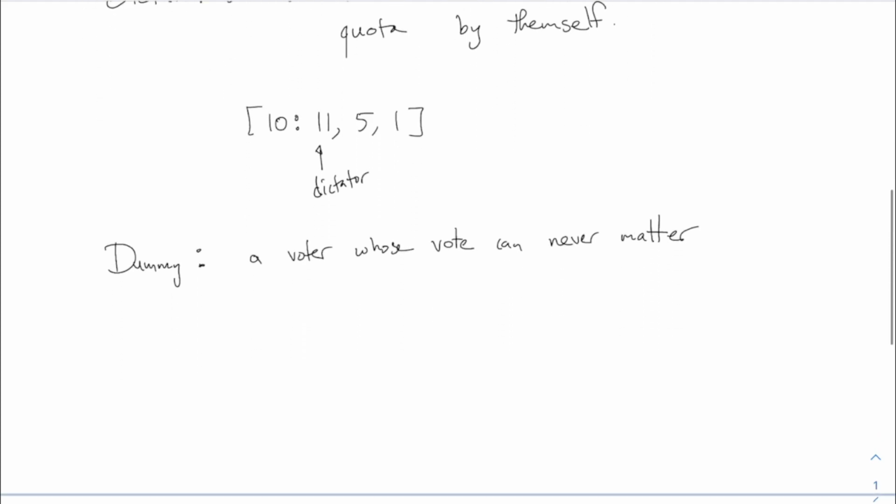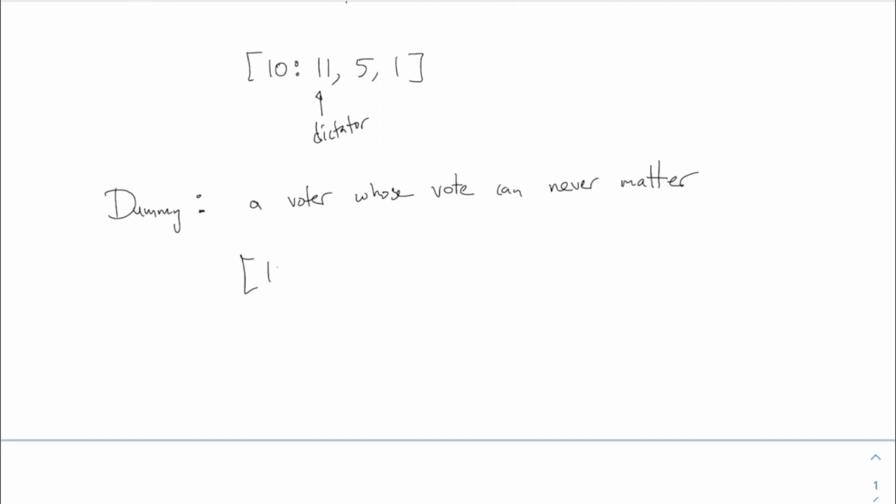And this would be a scenario like something like 10, and then how about 5, 5, and 1. In this case, the 1 is so weak that actually it never matters if the 1 either votes towards the quota or against. It cannot have any effect on anything. The only way you get to 10 is if both 5s say yes. And then at that point, the 1 doesn't matter anymore. So here, this one is a dummy.